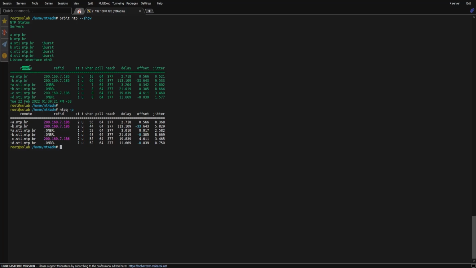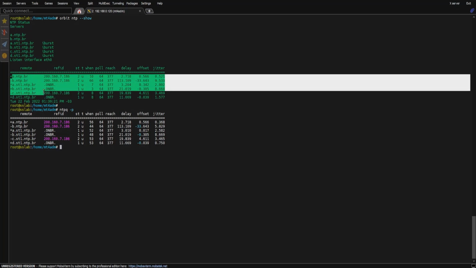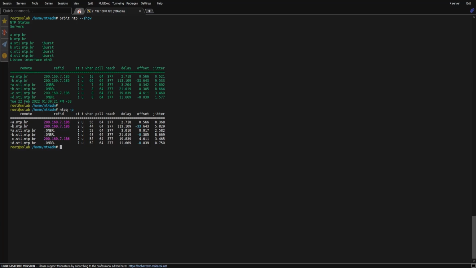Let's understand what each column means. The column remote is our time source. Here in my case, I have registered some public NTPs, and each remote is an NTP server whose time we are querying. You can see on the left side of each name we have symbols, and what do these symbols mean?